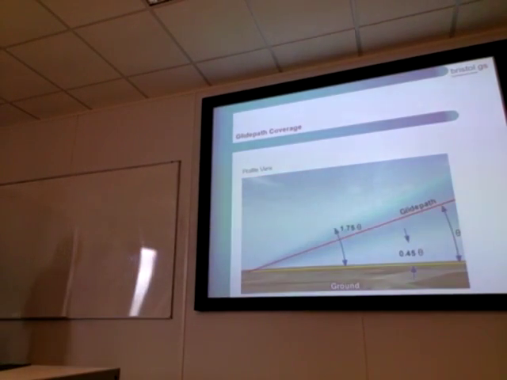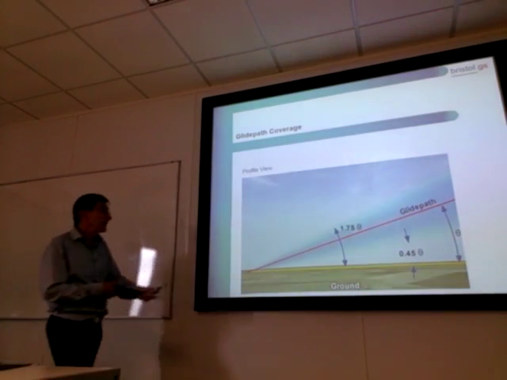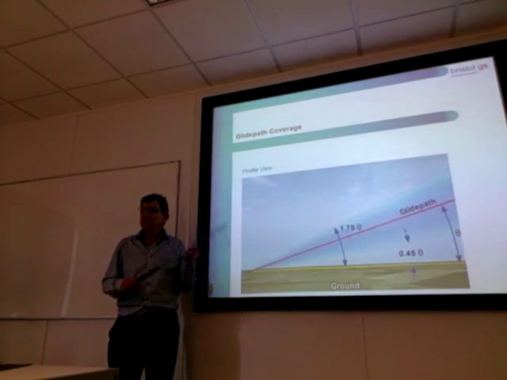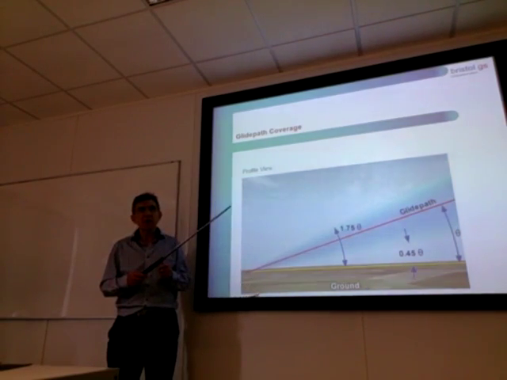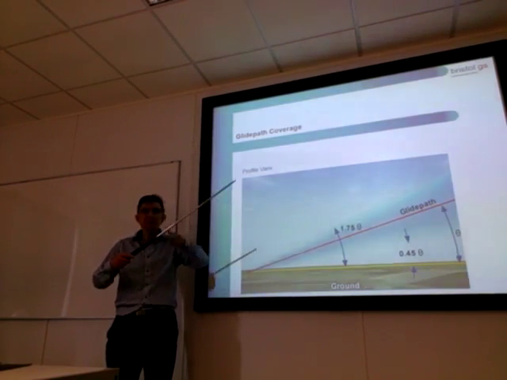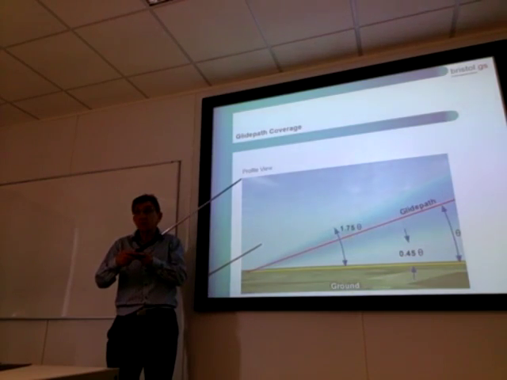If we look on the side view, then the numbers thing's a little bit more difficult because depending upon where you are, we have different glide slope angles. The standard glide slope descends at 3 degrees. That would be the normal.